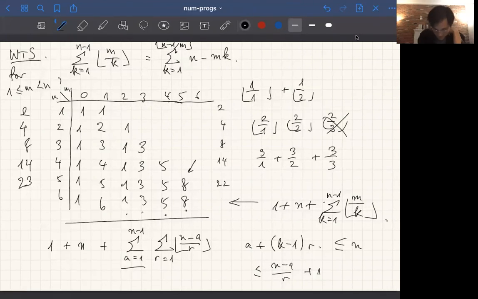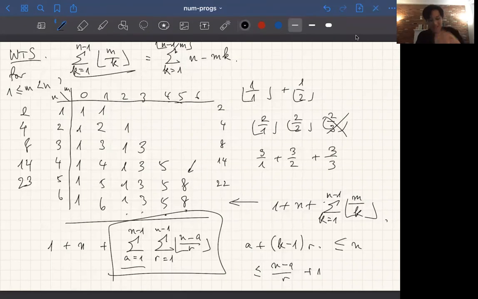Now we're pretty much almost there, because if we sum over r up to n minus 1, which is the most you can have, 1 plus n minus 1 is n, then we have this. And so that's not that far off. I think there's some way you can just change the sum. N minus a, sum over all n minus a.